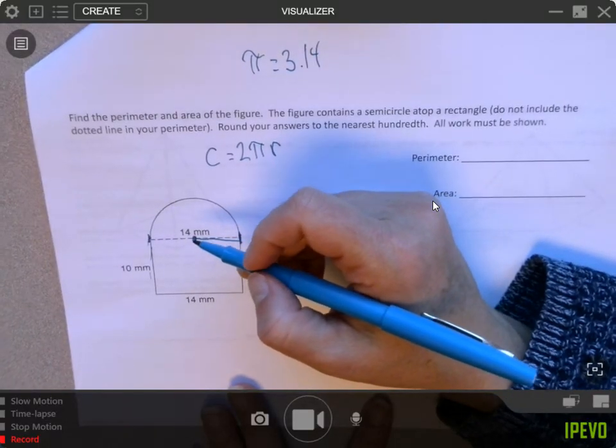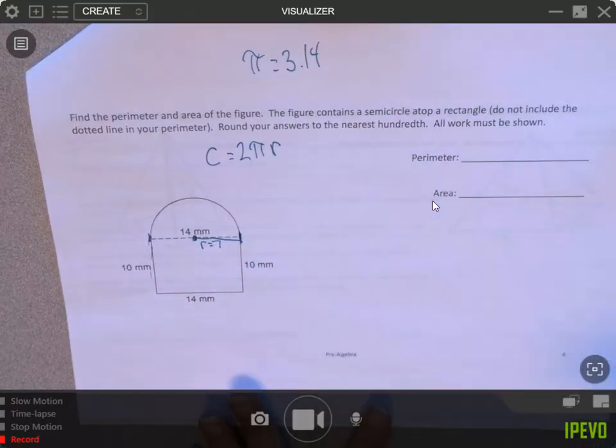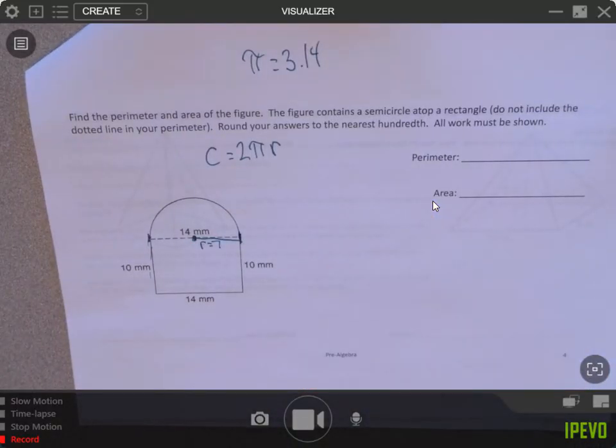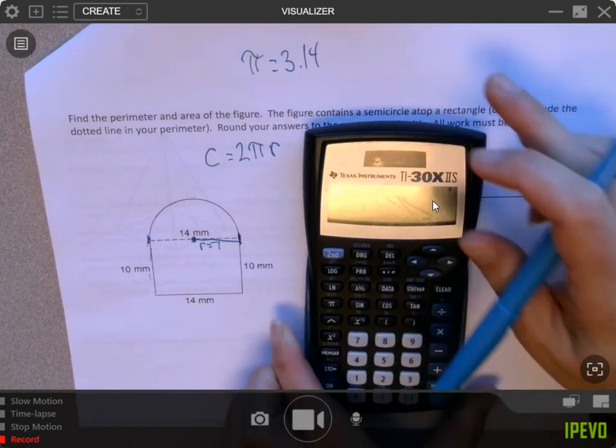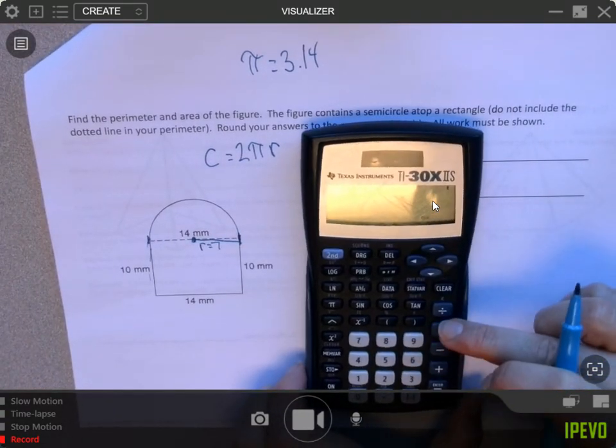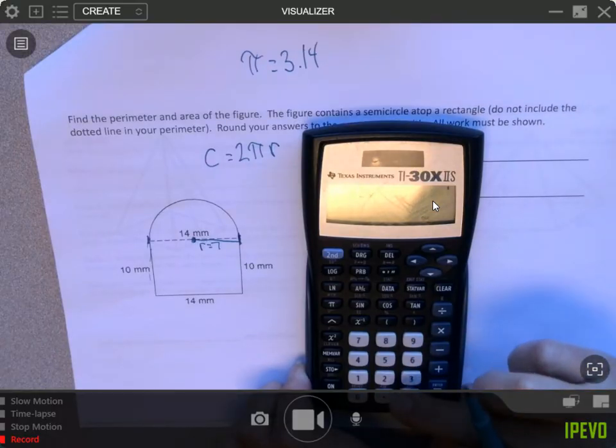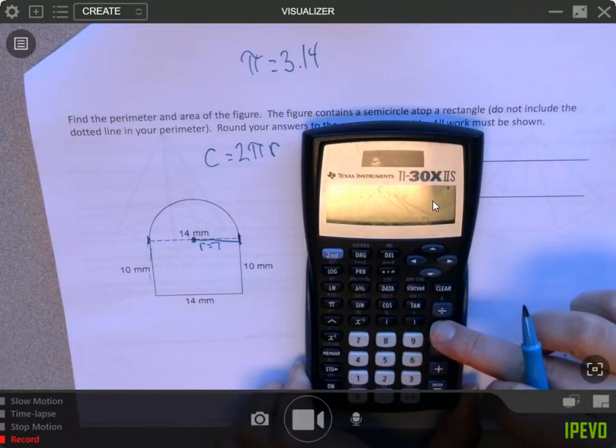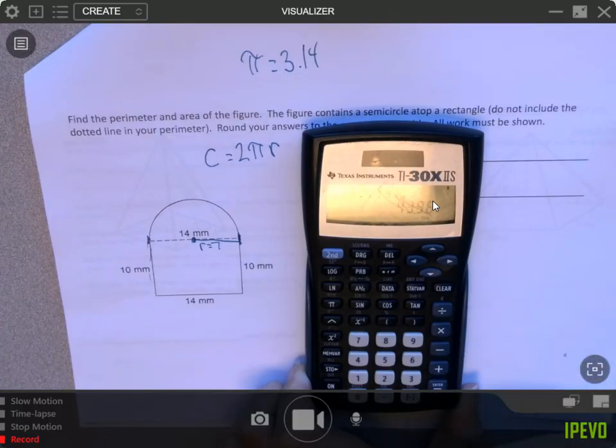LJ? 7. Now on your calculator, there are 2 different ways you could solve this. So there's going to be 2 slightly different answers that we can get. One way is by doing 2 times pi of 3.14 times 7, which would be 43.96.